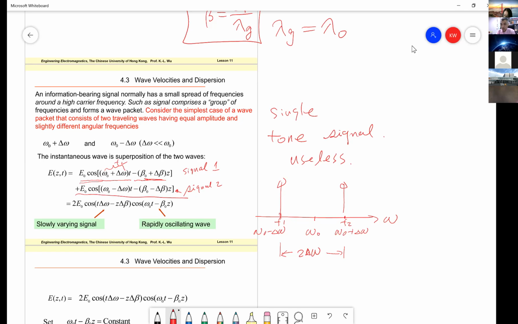Then if you use a simple trigonometry manipulation, cosine of A plus B, you know what that is: cosine A cosine B minus sine A sine B. Using this simple trigonometry function, this equals this.